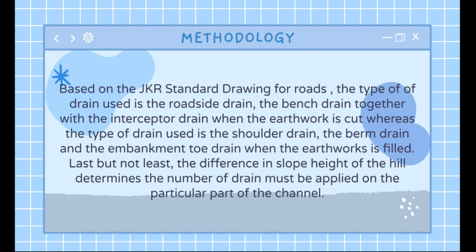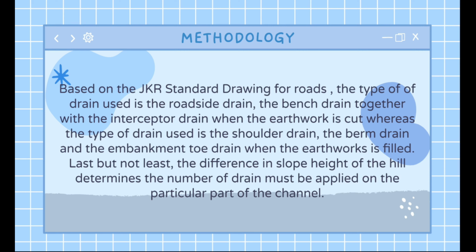Based on the JKR standard drawing for roads, the types of drain used are the roadside drain, the bench drain together with the interceptor drain when the earthwork is cut, whereas the types of drain used are the shoulder drain, the berm drain, and the embankment toe drain when the earthwork is filled.